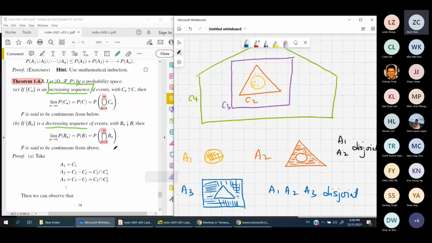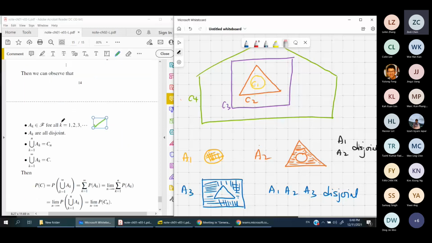Okay, so this is how we construct all these A1, A2, A3, A4, and so on. If you look at the picture, graphically, it will be like this. So using this process, by looking at A1, A2, A3 is good enough. You can see these are all disjoint.